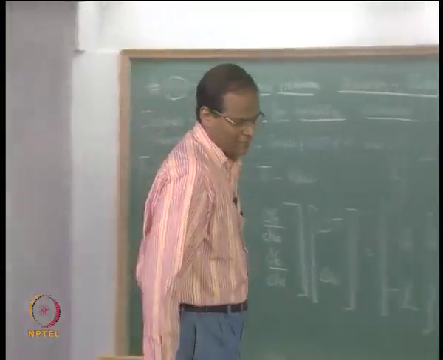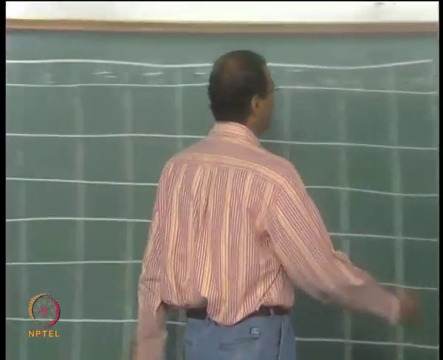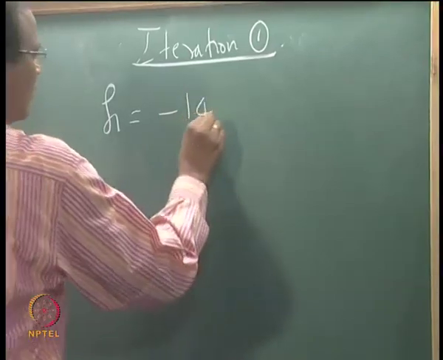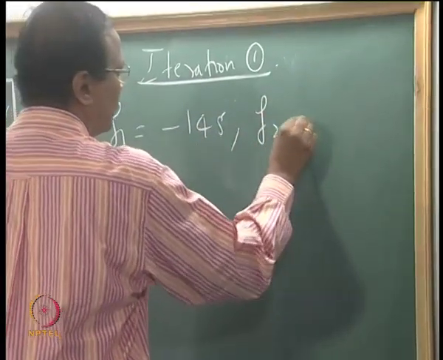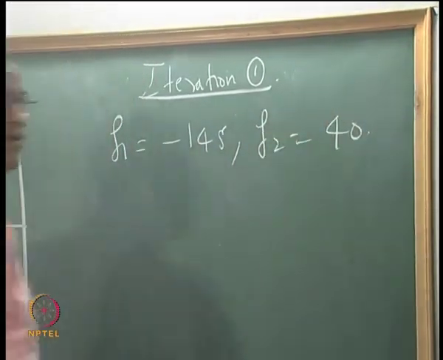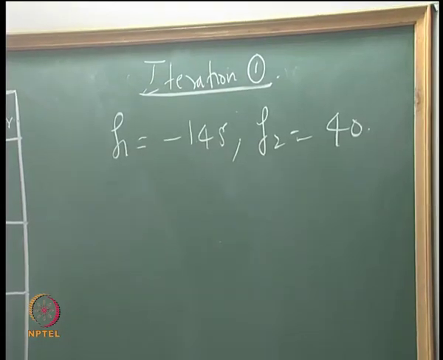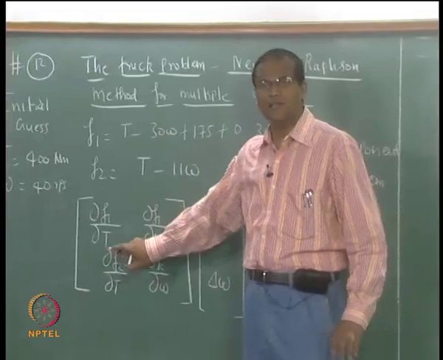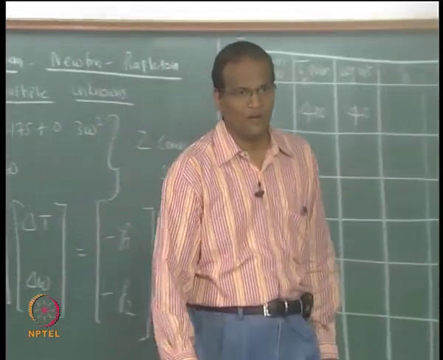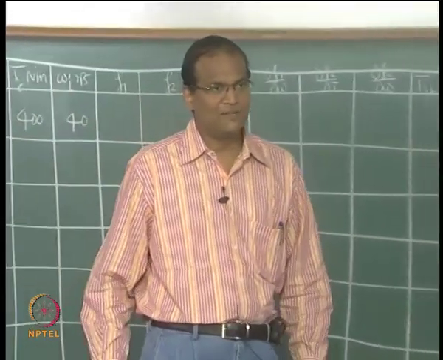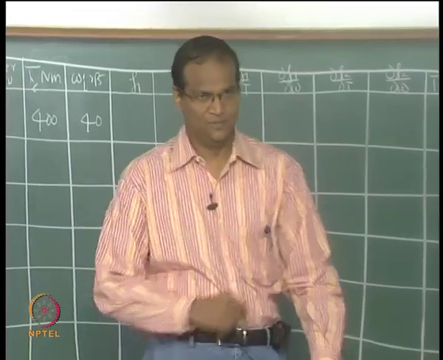Minus 145, correct. F2. We have to get the components of the matrix, this fellow, because 3 guys in this will behave properly, they will remain the same in all the iterations, correct.